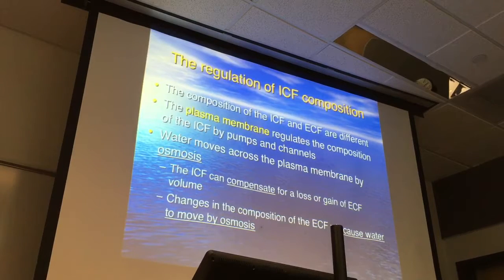Remember, it's a bigger compartment. So it can lose a little water and makes a big difference in the ECF. Changes in the composition of the ECF will cause water to move by osmosis. Lose water out of the ECF and solutes go up, water's going to move out by osmosis. It's just a simple fact.